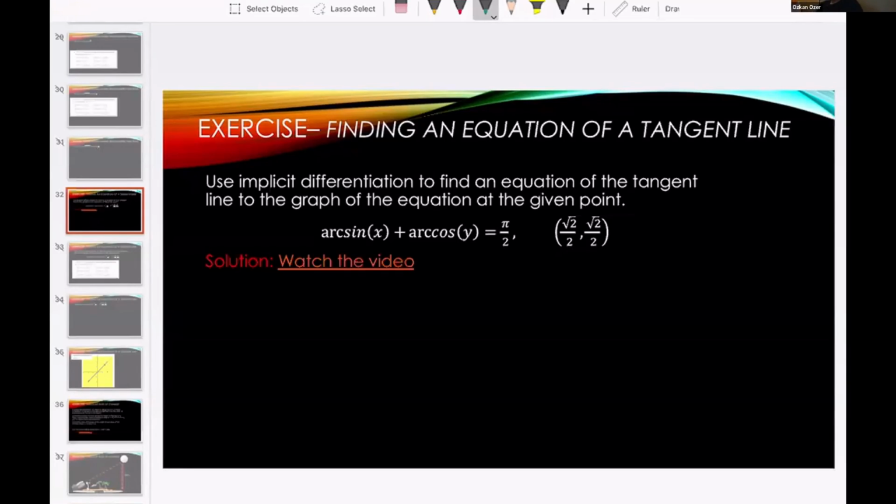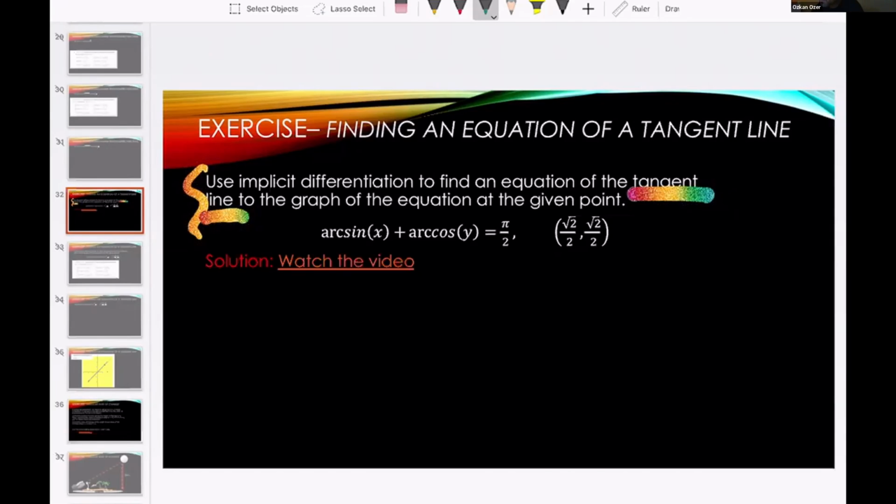All right, so this question is sort of like an application of implicit differentiation and using the rules of differentiation for inverse trig functions. The question is asking to use implicit differentiation to find an equation of the tangent line to the graph of the equation at the given points.